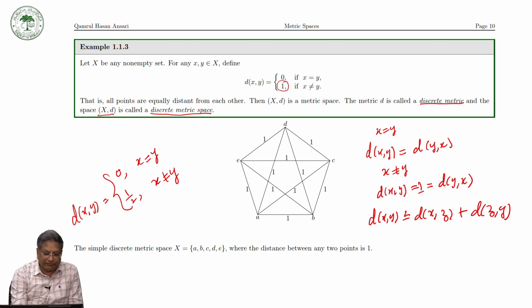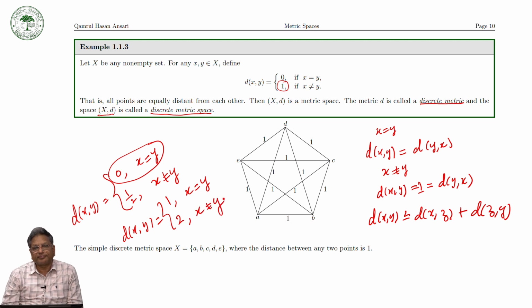But of course, if we write like this, d(x,y) is equal to 1 if x is equal to y and 2 if x is not equal to y, then this is not a metric. Why?